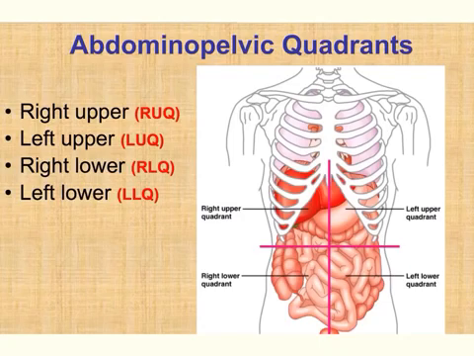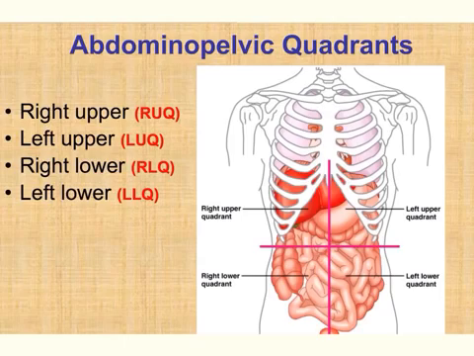Now, because the abdominal pelvic region is so large, the abdominal pelvic cavity is separated into regions and quadrants. The quadrants are fairly self-explanatory. As we have this quadrant formed, the belly button will be where the two lines meet.